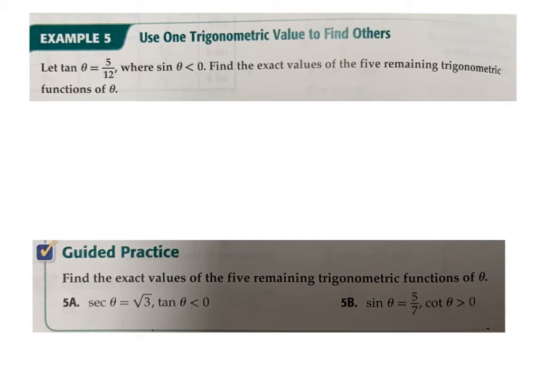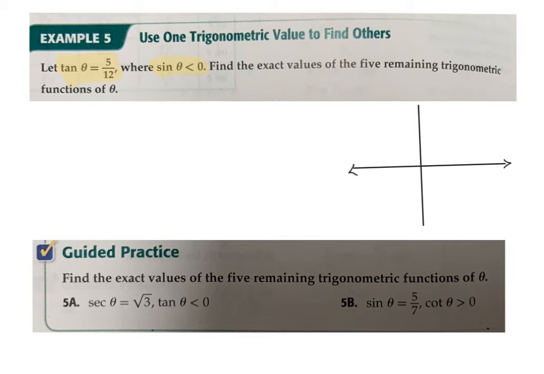And so for this one, they said, let tangent of theta be 5 over 12. Sine is less than 0. So they told me, let's figure this out. They said, okay, I'm giving you a tangent of 5 over 12.